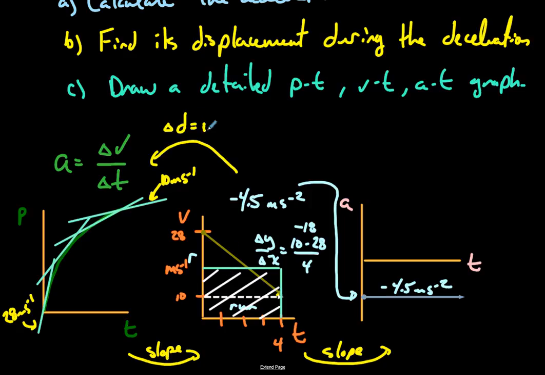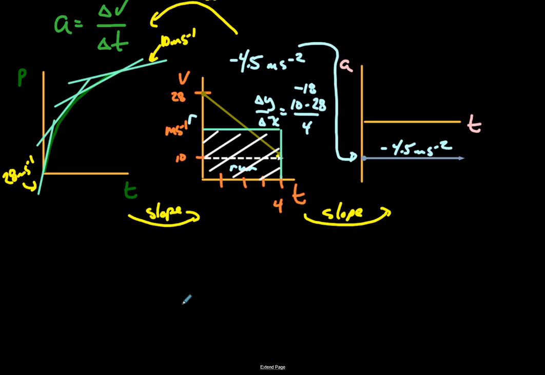So delta d equals velocity times time, but now we have to use the average velocity because we have a changing velocity. So delta d is (vf plus vi) over 2, halfway in between 28 and 10, times t.